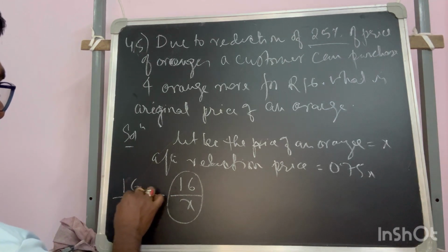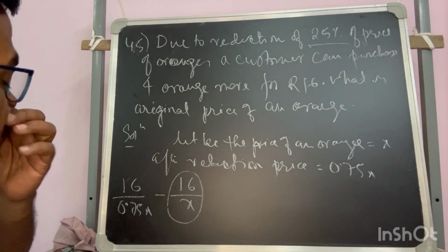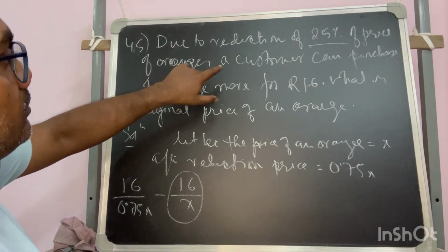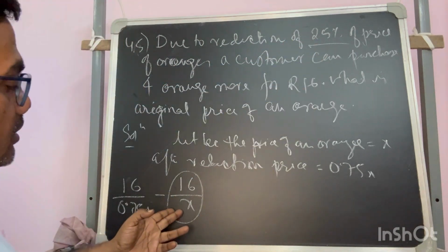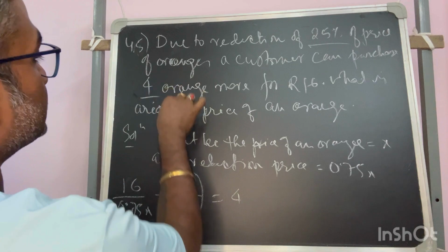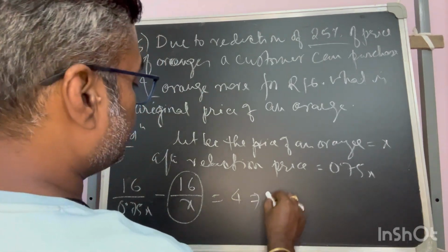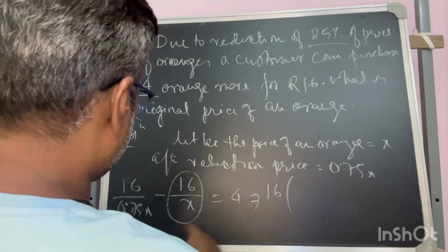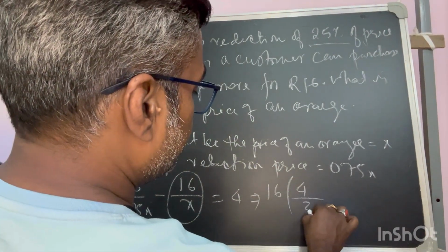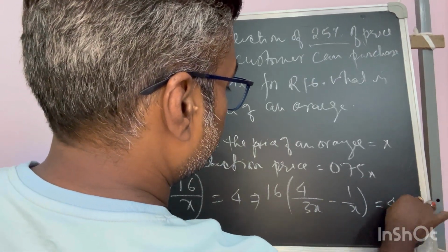Now, if I am getting this much after the 25% reduction, and earlier I used to get this much, the difference is 4, it is said. So if I take 16 common, and this becomes 3 by 4x, so 4 will go up: 4 by 3x minus 1 by x, that is equal to 4.